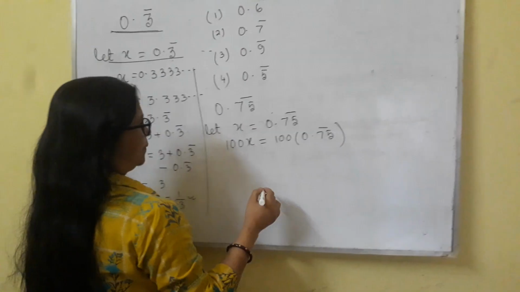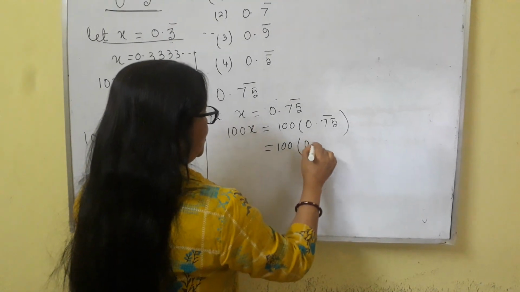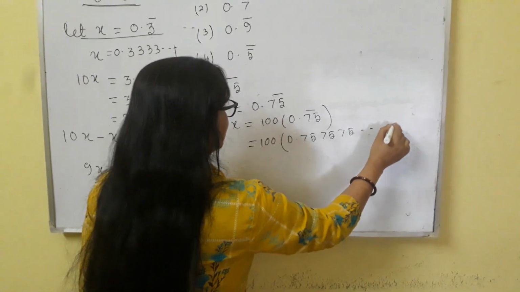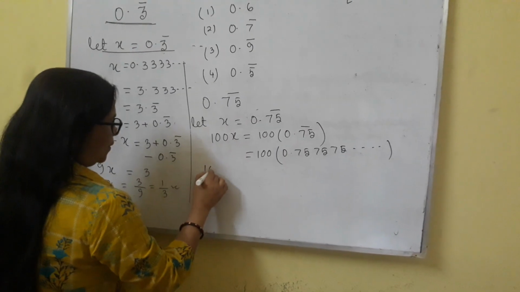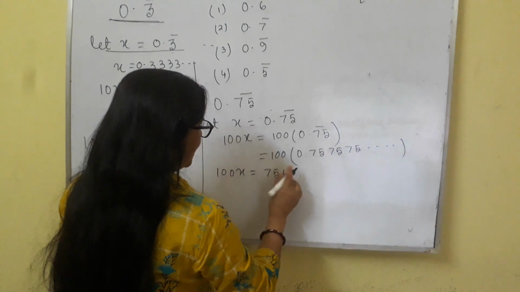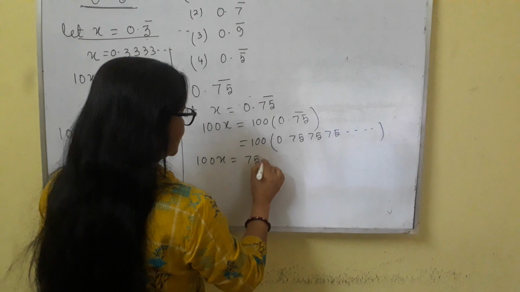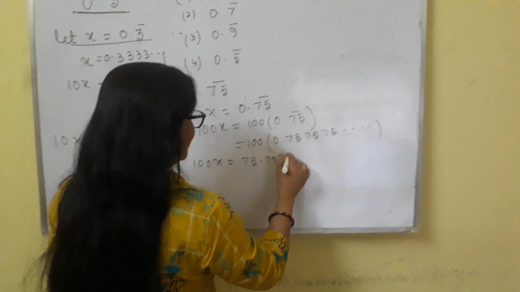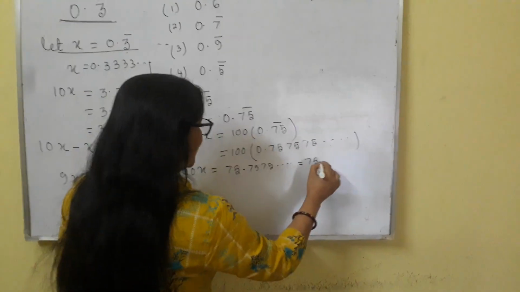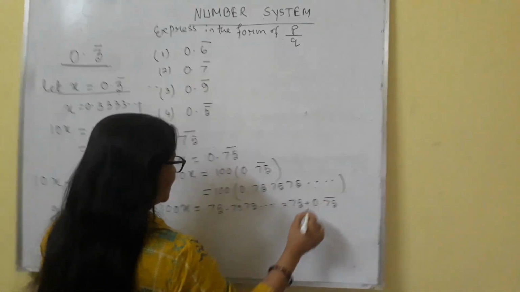So we get 100 times 0.75 bar. That means 100x equals 75.757575, which we can write as 75 plus 0.75 bar.